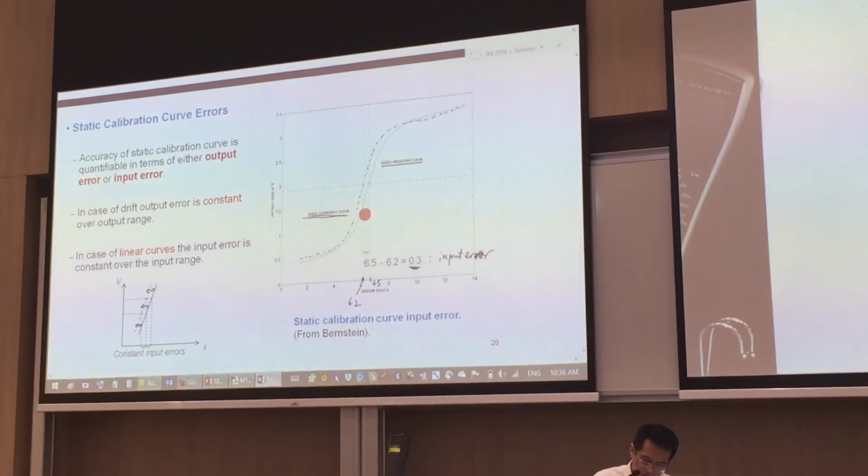If it is non-linear, then the amount of error will vary across different parts of your input values. So it's actually easier to calibrate a linear response curve than a non-linear one, because if it is non-linear, your error tends to vary at different parts of the curve. I use the word curve loosely, sometimes to address a non-linear curve, and sometimes even for a straight line. I just use that loosely.